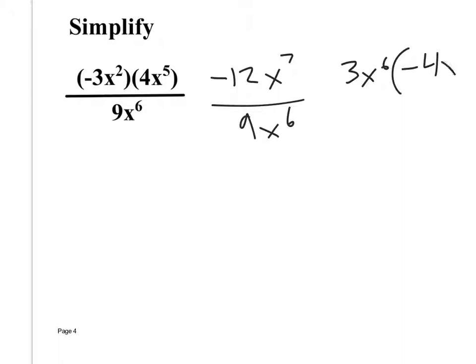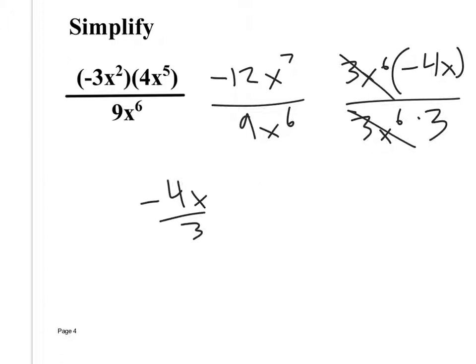Negative 4x. If I take 3x to the 6th out on bottom, what do I have left? 3. So the 3x to the 6th cancels out. All I have left is negative 4x over 3, and that's what it simplifies to. That to me is a lot of extra work when you can kind of just look and see, hey, what can I take out of 12 and 9?